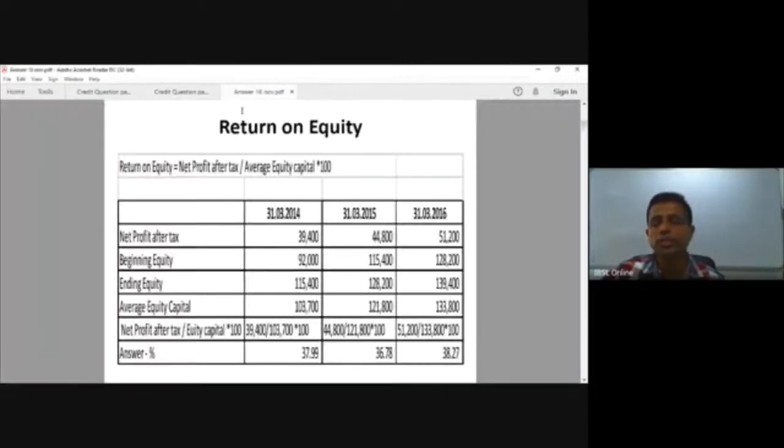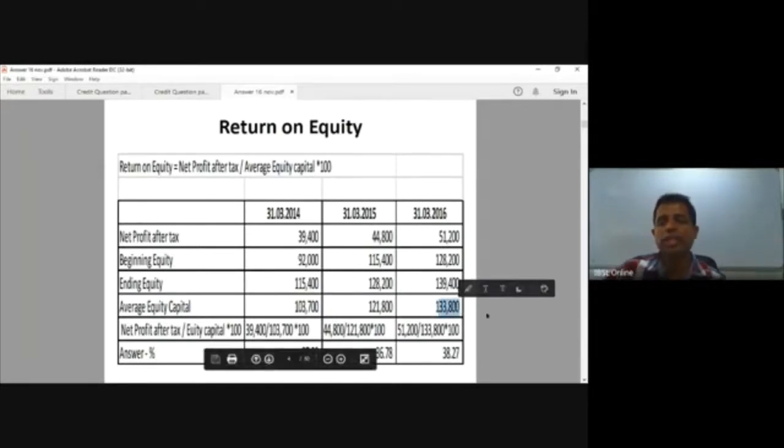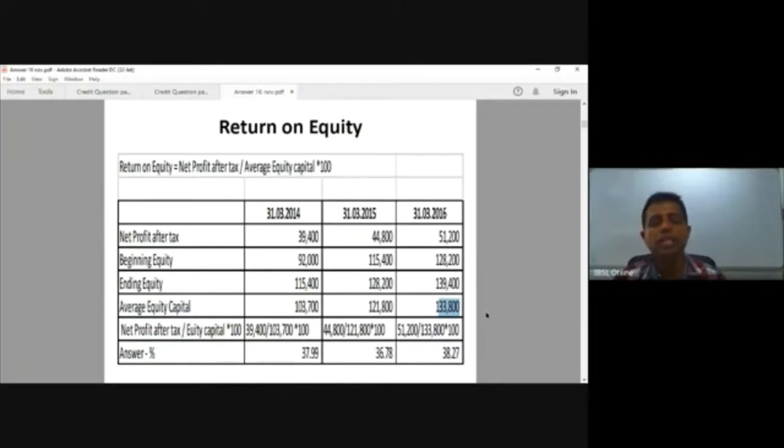I took that figure here, 139,400. Take the total of these two, that is the beginning equity and the ending equity of 2016, then divide it by 2. Then your average equity will be 133,800 for 2016. Now you have calculated the average equity for each year and you have the net profit after tax for each year.